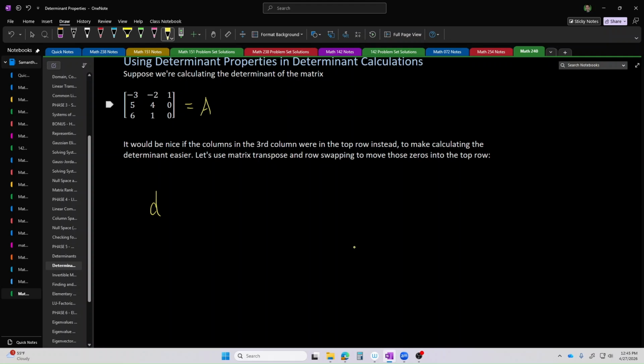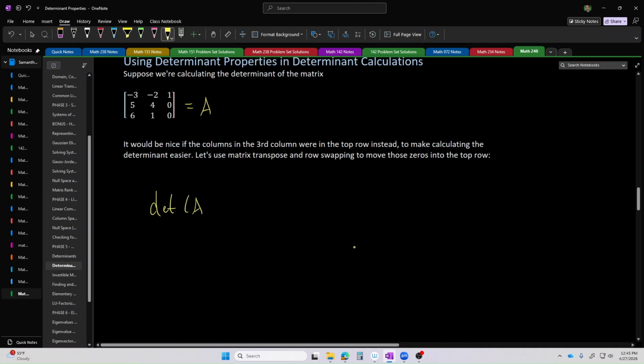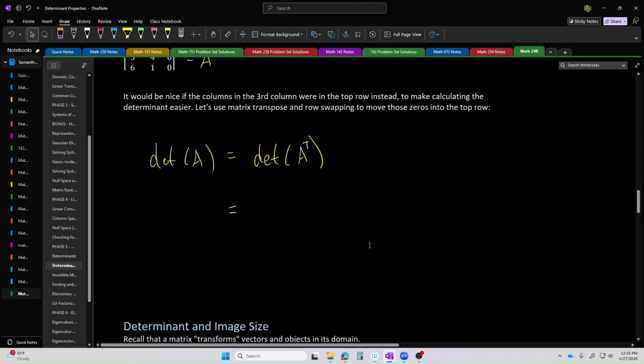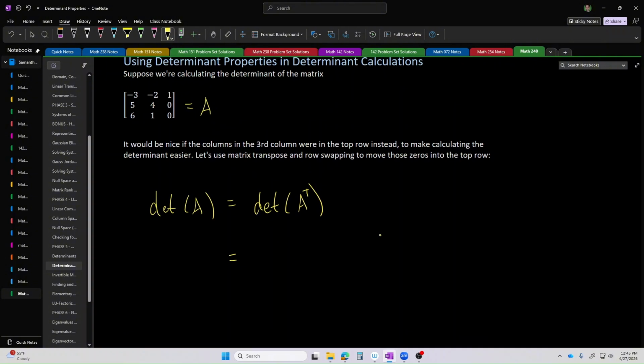The first thing I'm going to do is calculate A transpose. If I take the transpose of a matrix, that's not going to affect the determinant at all, but it is going to turn this column of zeros into a row of zeros.